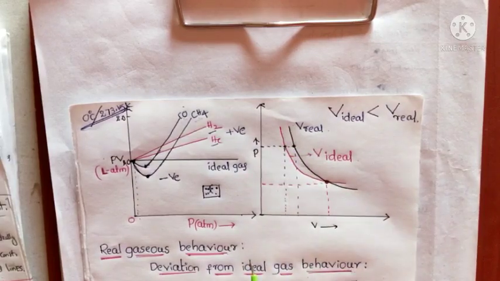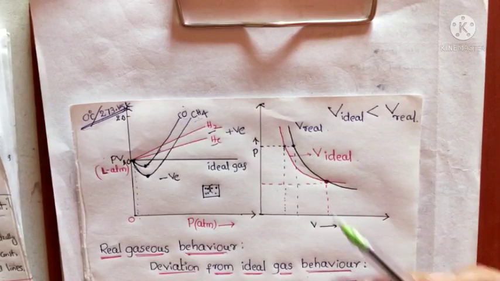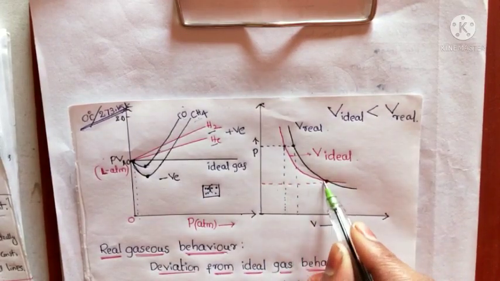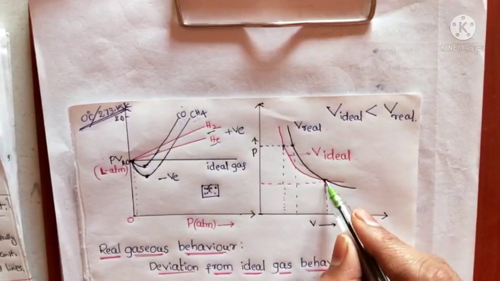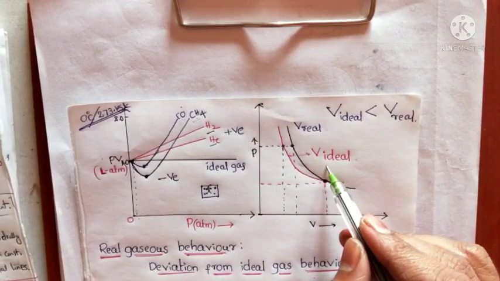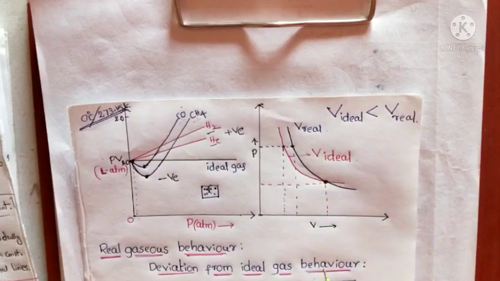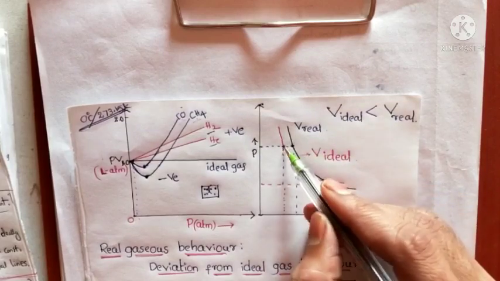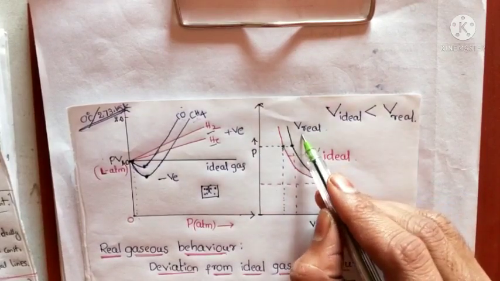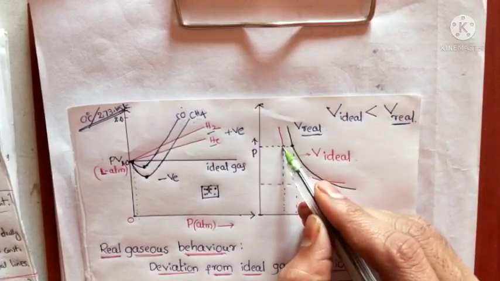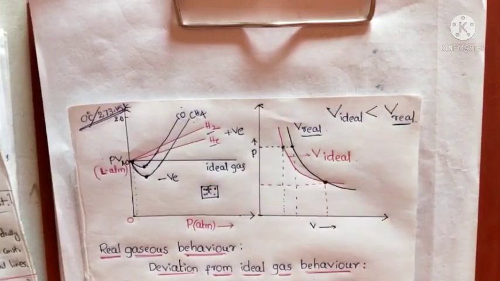In this hyperbola, at extremely low pressure, the volume of real gases coincides with the volume of ideal gases. But whenever the pressure increases, the real gas volume is more compared to the ideal gas volume.